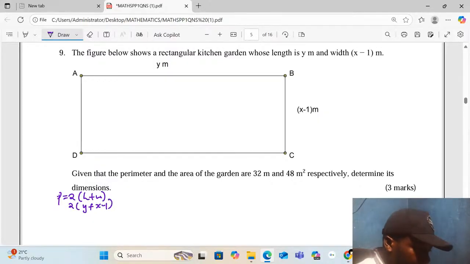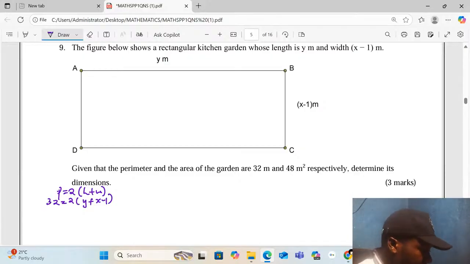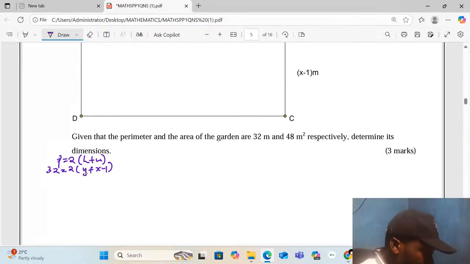We are given the perimeter to be 32, so 32 is equal to 2y plus 2x minus 2.